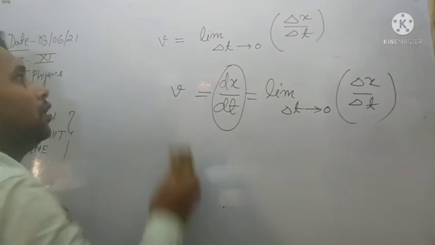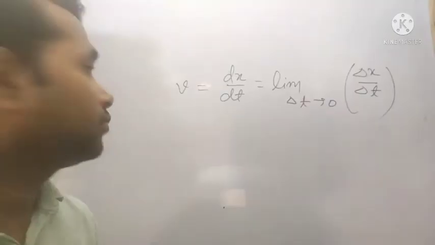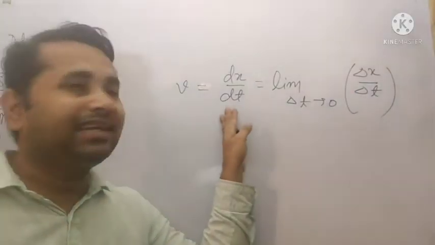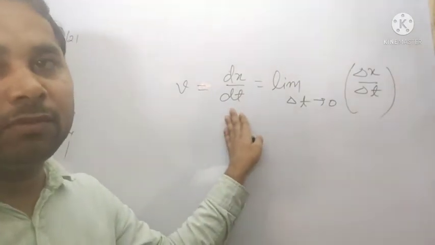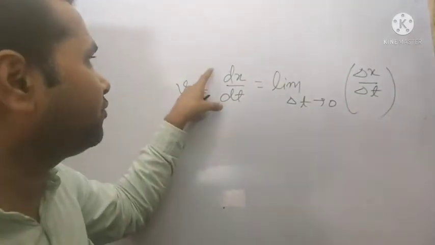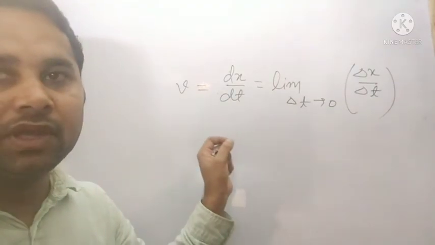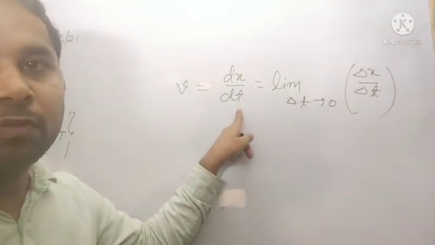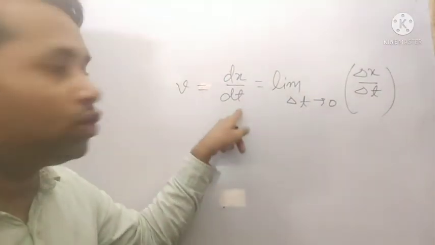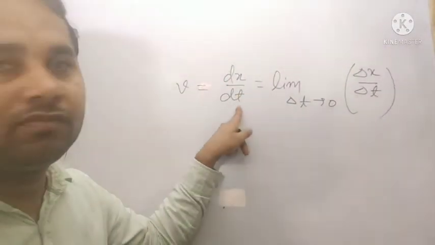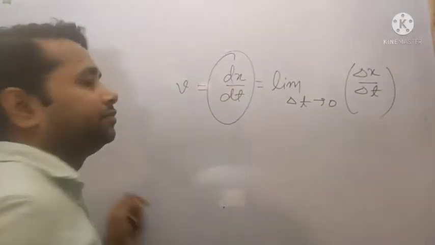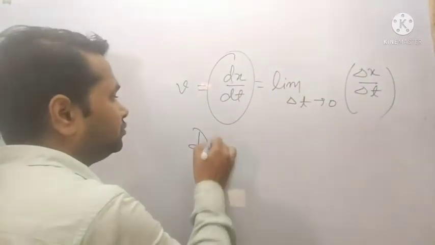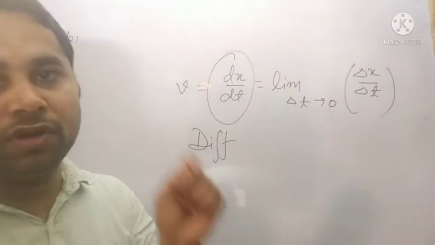So this dx by dt, this is not the ratio, this is not the fraction of dx and dt, it is the rate of change of x with respect to t, या उसको पढ़ते हैं क्या? Differentiation of x with respect to t. So this is the differentiation. So we have to see here what is the differentiation.